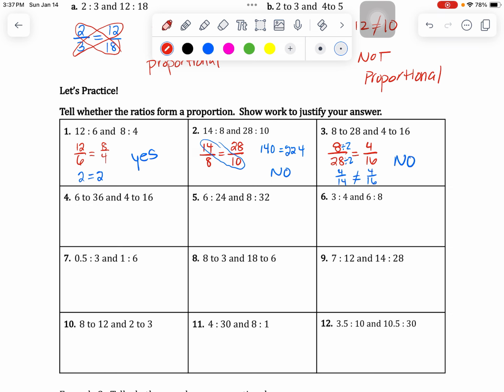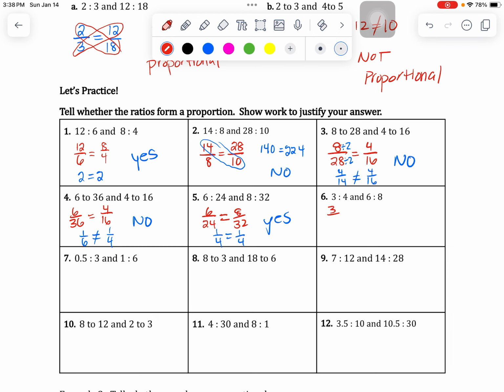The next one I have 6 over 36 equal to 4 over 16. This is 1/6. I'm going to switch colors. If I simplify, I get 1/6 to 1/4, and those are not proportional. The next one I have 6 over 24 compared to 8 over 32. So if I simplify here, I get 1/4 equal to 1/4. So this one is proportional.